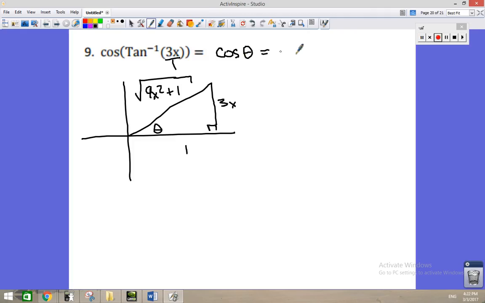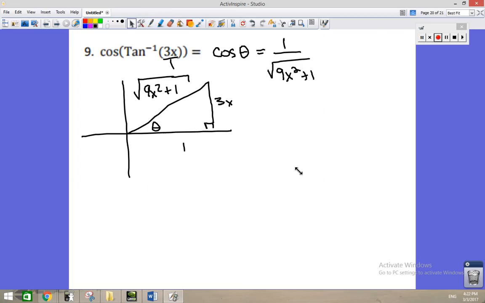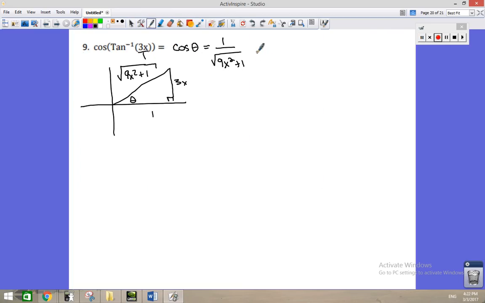So the cosine of theta is the adjacent over that, the length of the adjacent side over the length of the hypotenuse. And if I rationalize that denominator, then I'm getting the square root of 9x squared plus 1 over 9x squared plus 1. And there's my final answer.